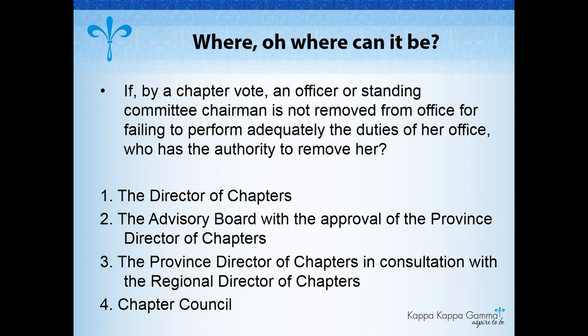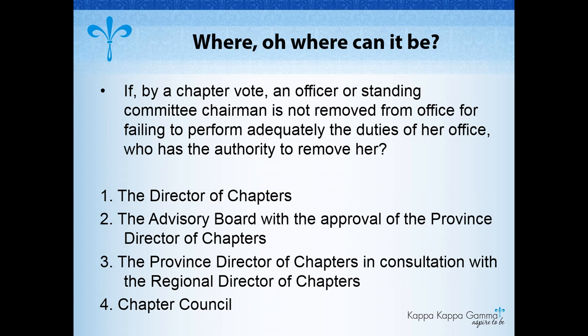Okay, I'm going to give just a few more seconds and then I'm going to close the poll. If you want to hurry and get your vote in, 5, 4, 3, 2, 1.